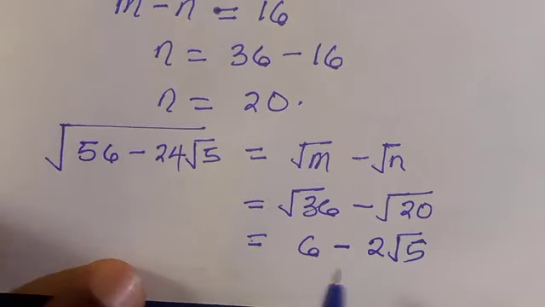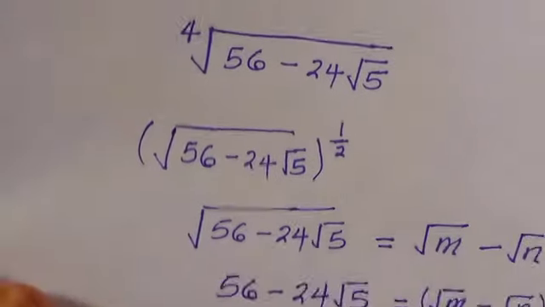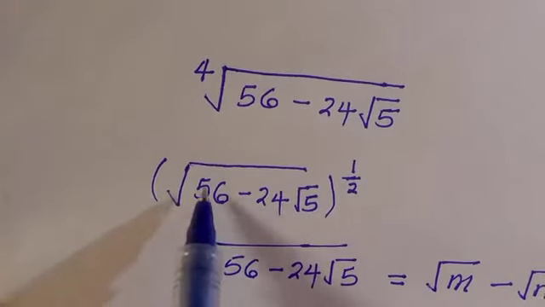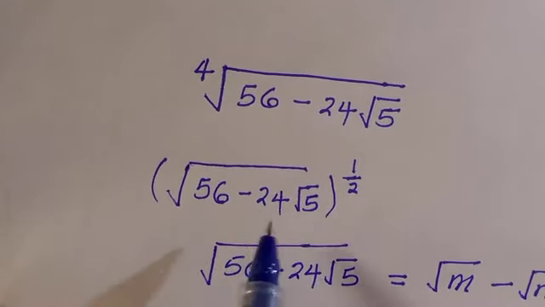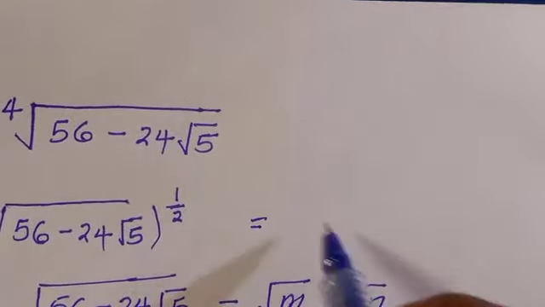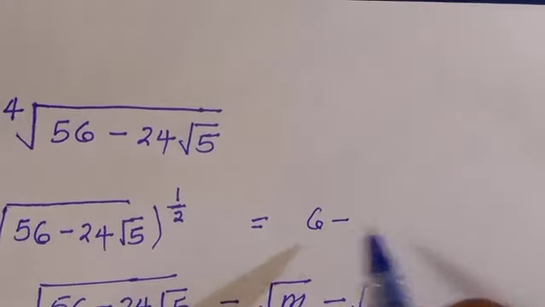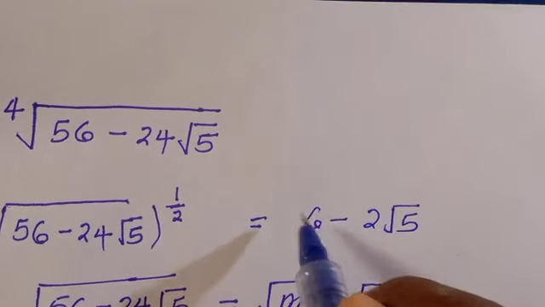We should also recall that this shouldn't be the final answer. At this stage, we have only 6 minus 2 root 5.